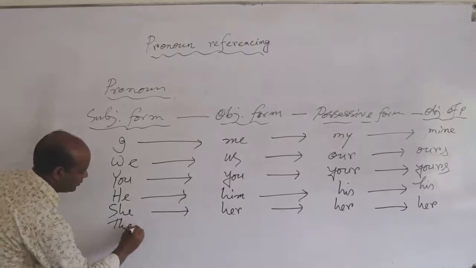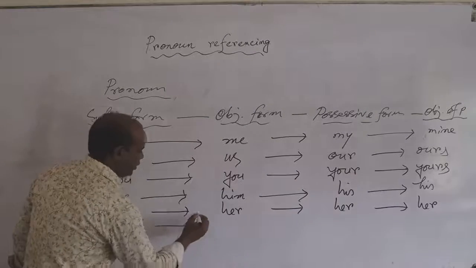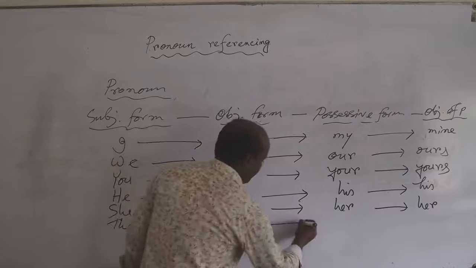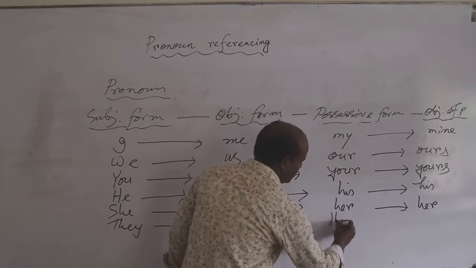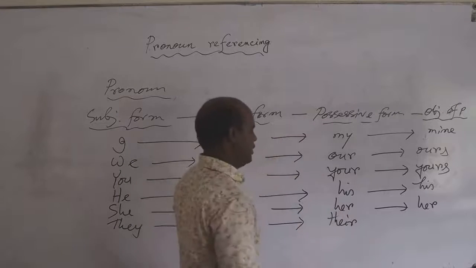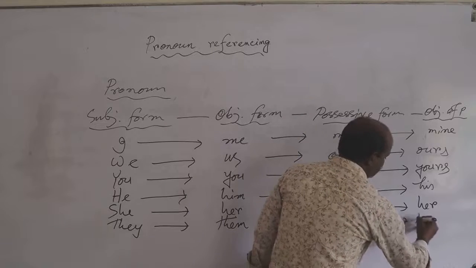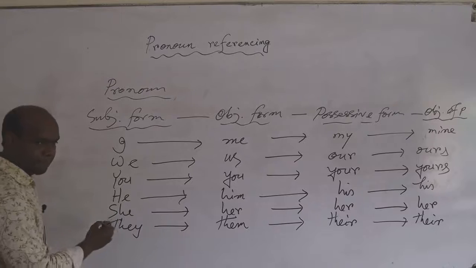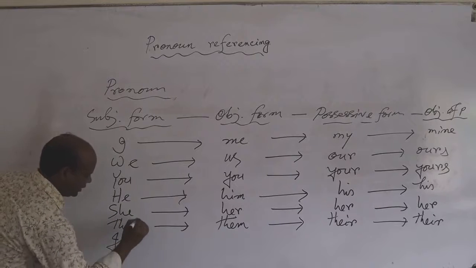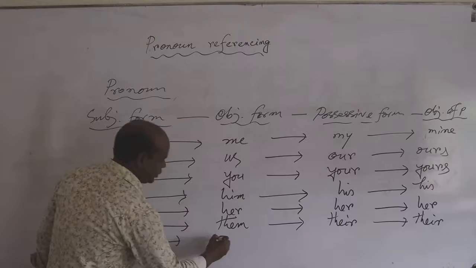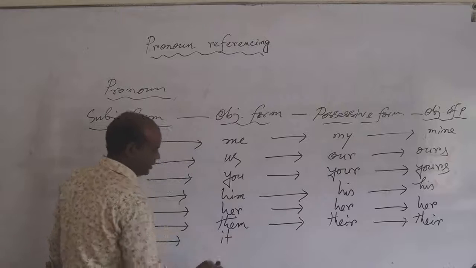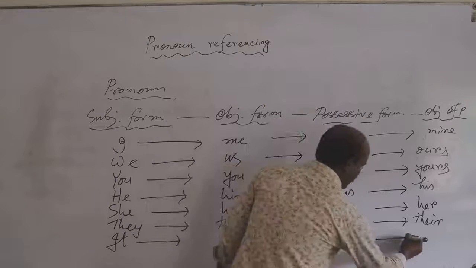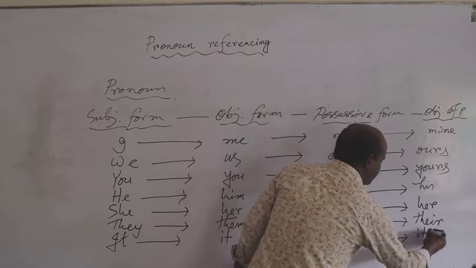They, object form, them, possessive form, their, object of possessive form, theirs. Last one, it, object form, it, possessive form, its, object of possessive, its.